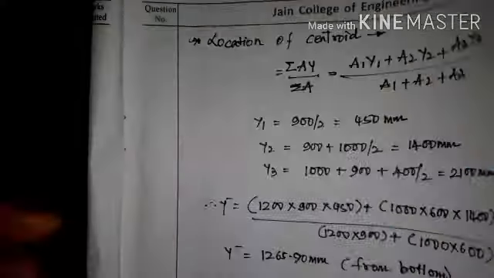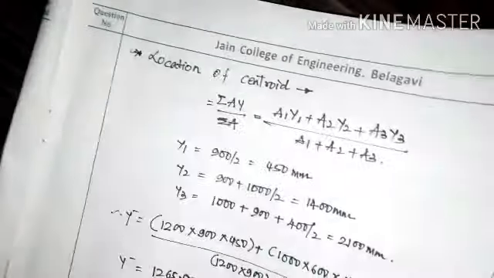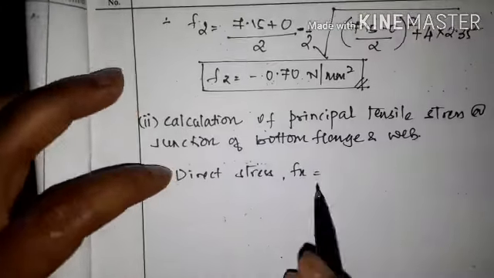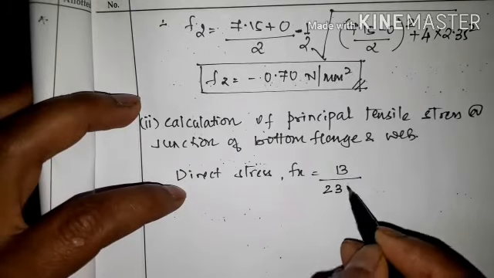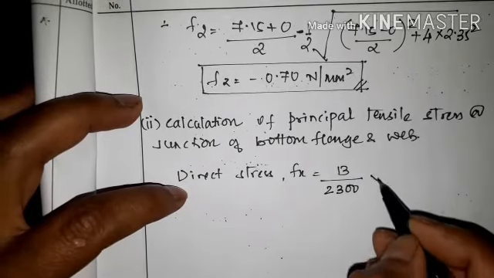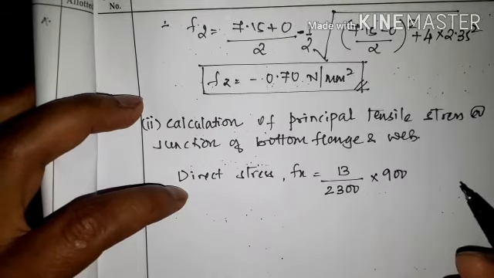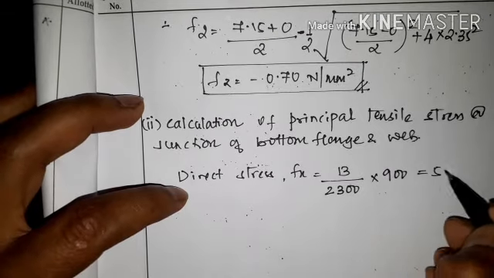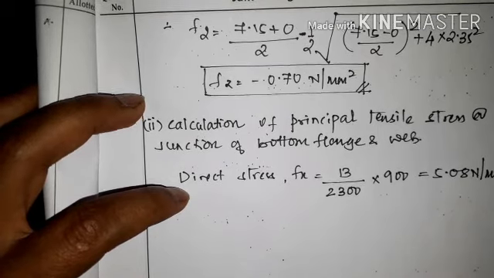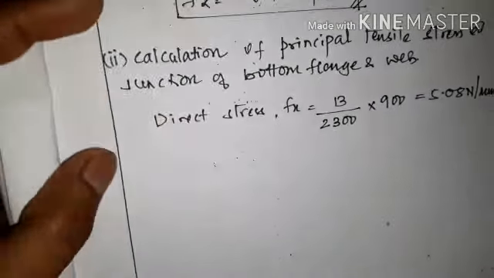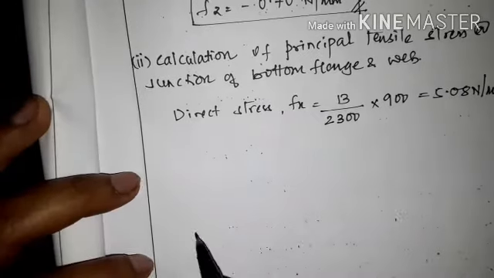So it will be 13 divided by 2300 into 900, and we'll get 5.08 Newton per mm square. Then Fy is again 0.